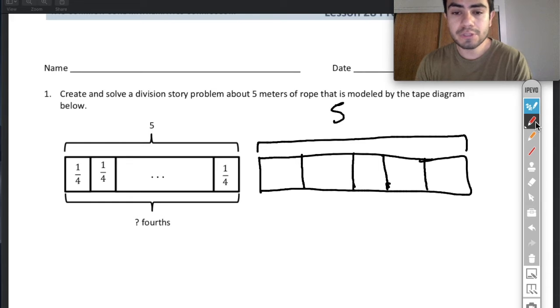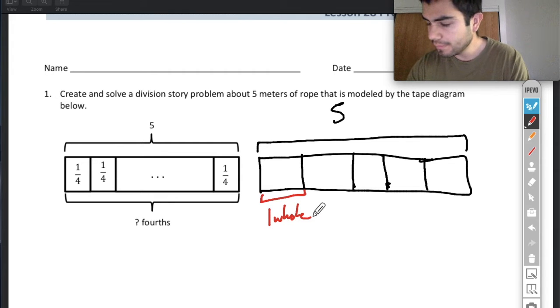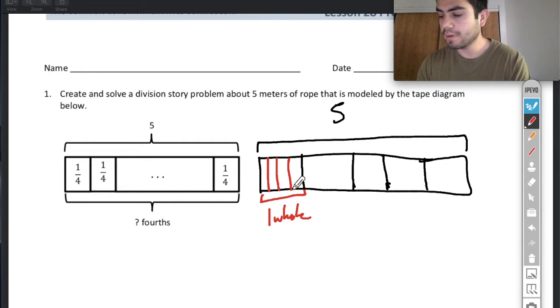So each whole here, this is 1 whole, will get cut into 4 new parts. So we got 1, 2, and 3. Okay, and each one in here is 1/4.